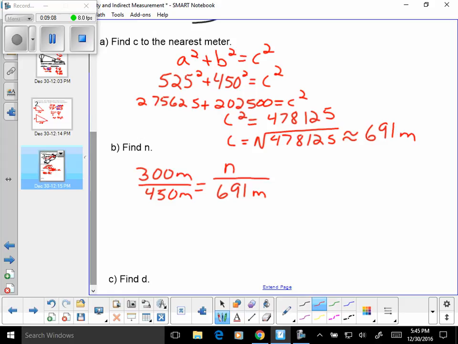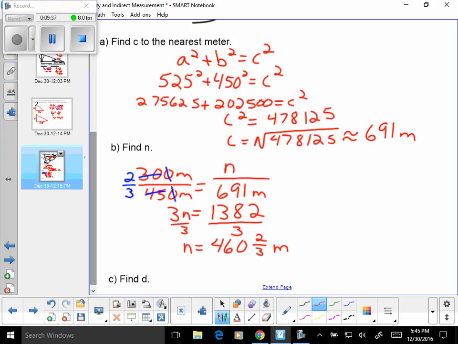I actually would cancel this one out, because your 0 cancels your 0, and I can take 15 into both 30 and 45, and it will make my numbers a lot smaller to deal with. 3n is going to equal 1382, and I'm going to divide by 3. When I do that, I'm going to get 460 with a remainder of 2. I'm going to get 2/3 meters.